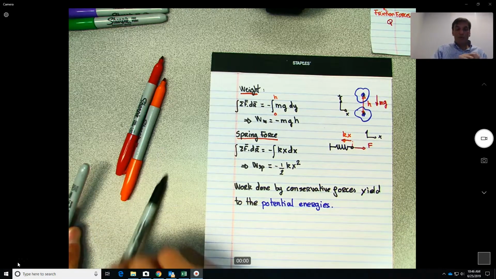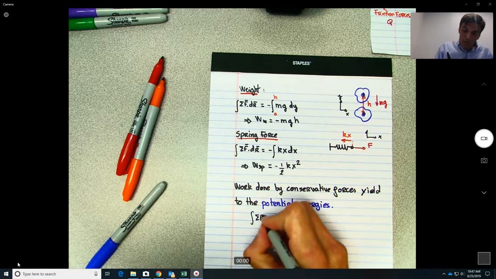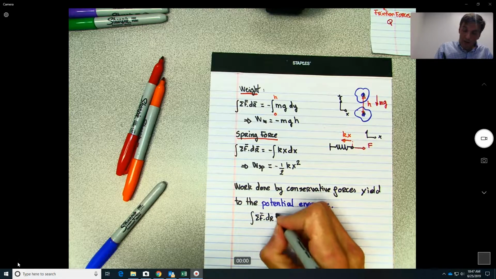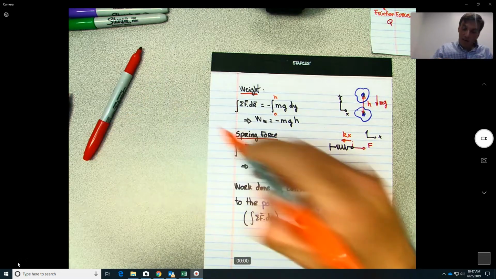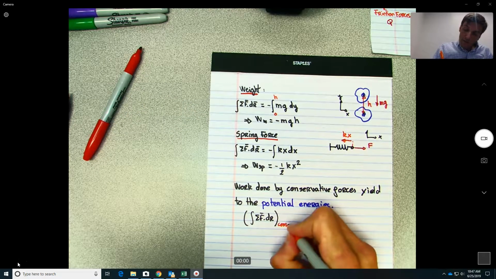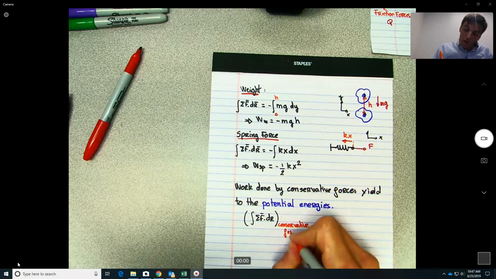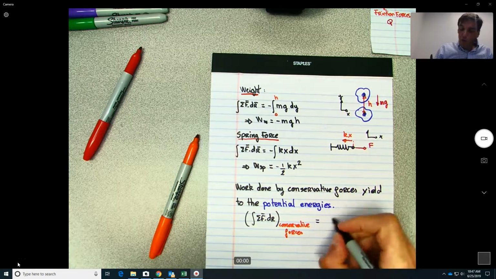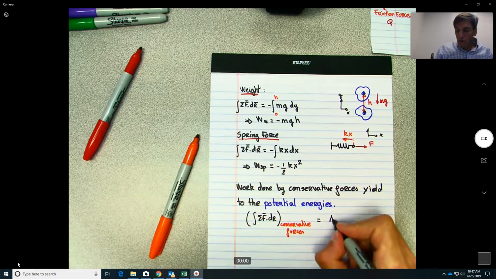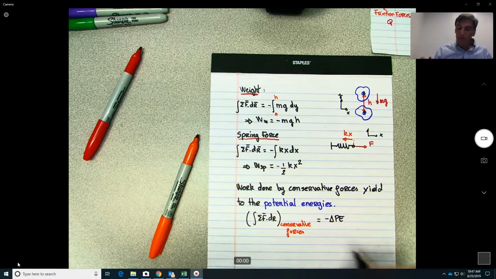Okay, so just to simplify, let's say summation of forces dr done by the conservative forces would just be equal to the change in potential energy, and you notice the negative value.